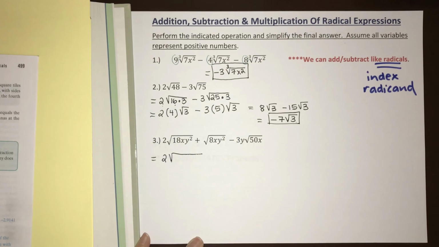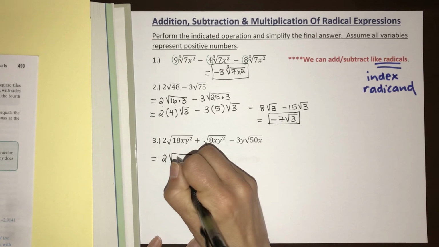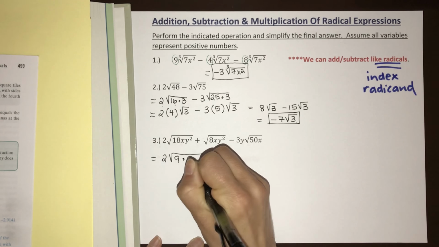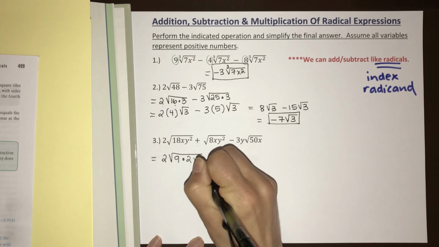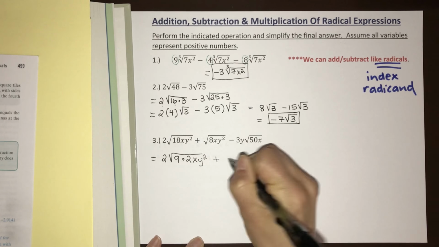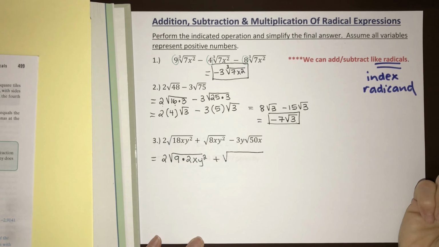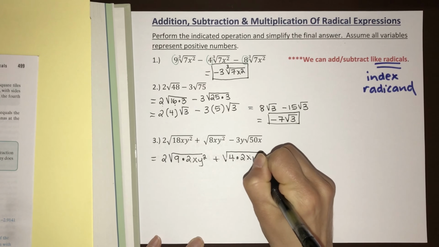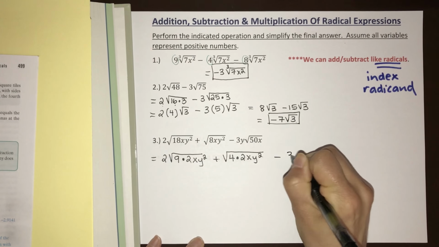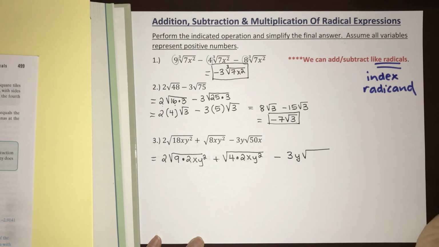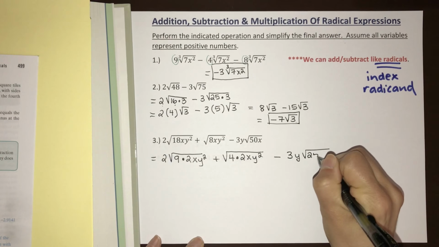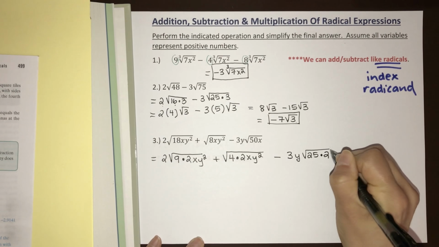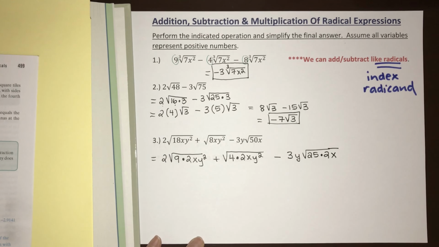Best way to rewrite 18, you need the largest perfect square, so that's going to be 9 times 2, and then xy squared plus, for 8, break it up as perfect square would be 4 times 2. 25 times 2.